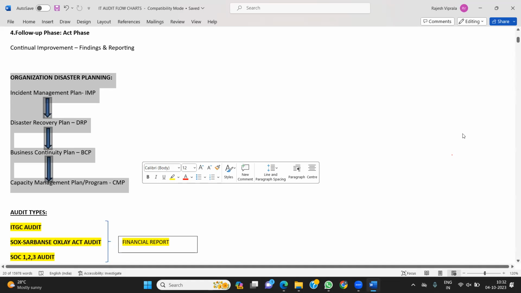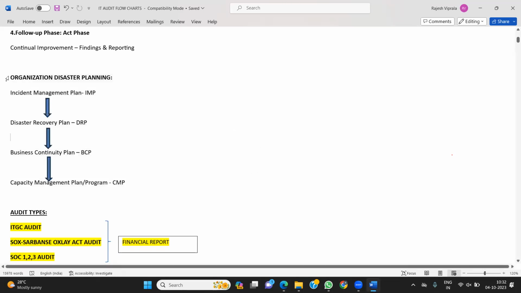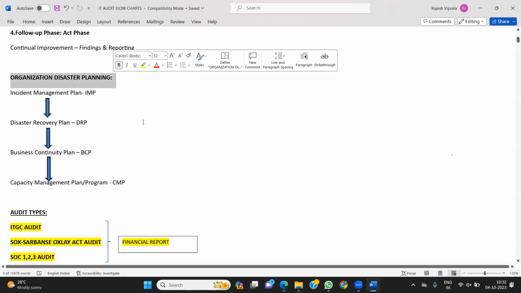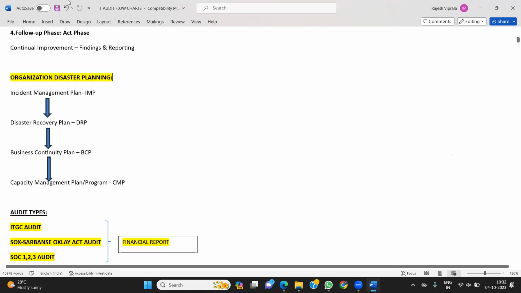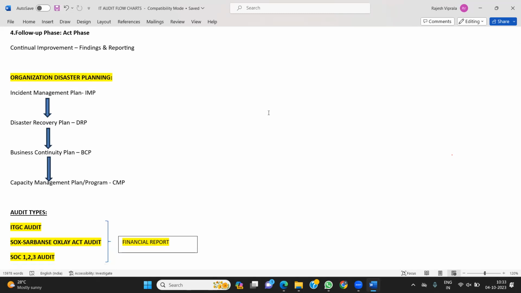See, guys, whenever any kind of business is going to start, they should have both the good as well as the bad situations into consideration. Good means if everything is going according to the plan, then that's called good, right?